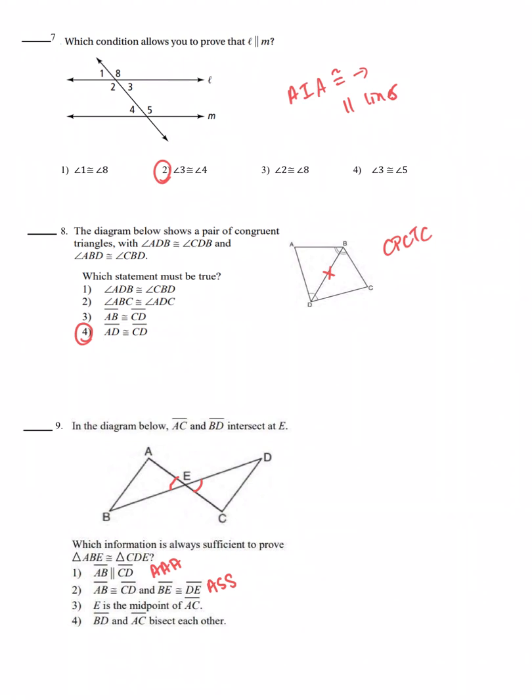So we have E is the midpoint of AC. That's not enough. That only gives us side angle or angle side. But if we have bisecting each other, we have enough, because then we have side angle side.